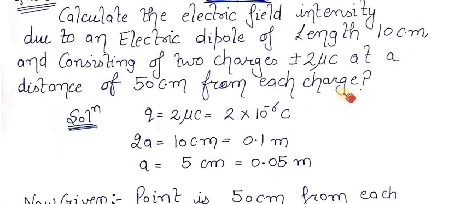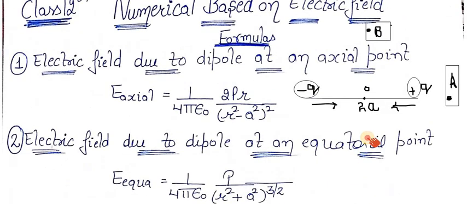Now the point where we have to find the electric field intensity is at a distance of 50 centimeter from each charge. That means the point where we have to find the electric field is equidistant from both charges, minus q and plus q, right? Now you will see, is this axial point A equidistant from both these charges?